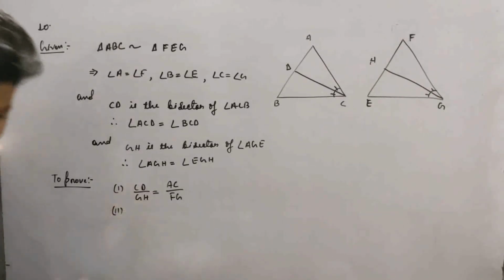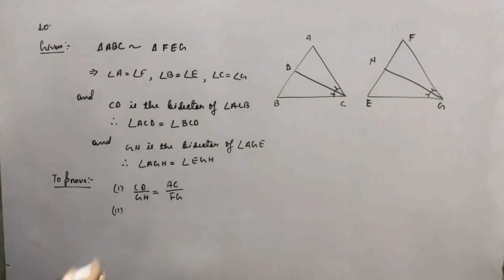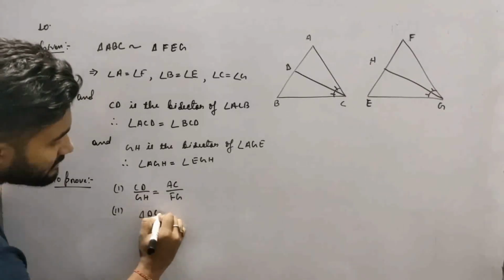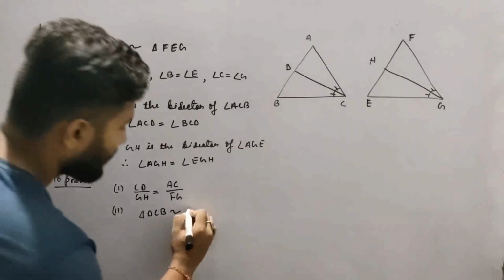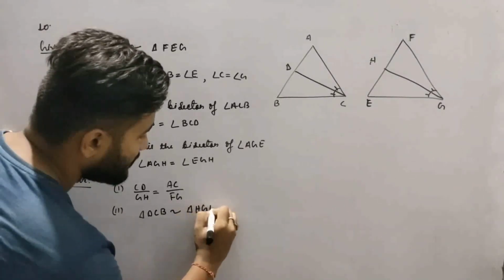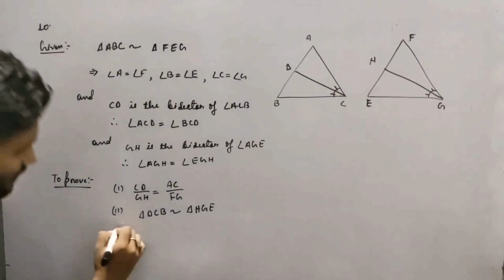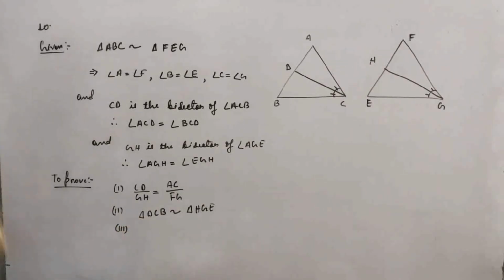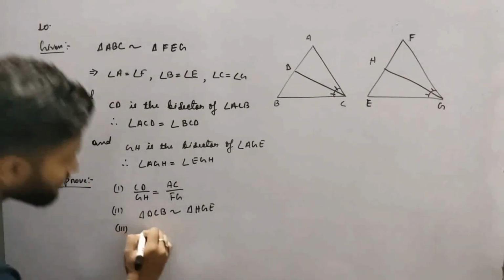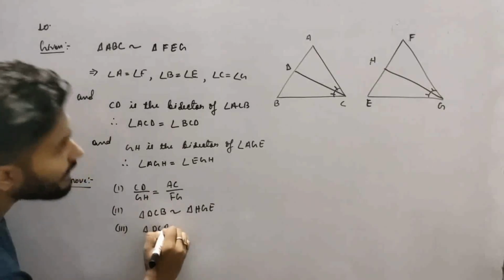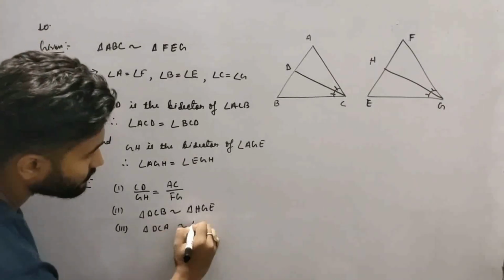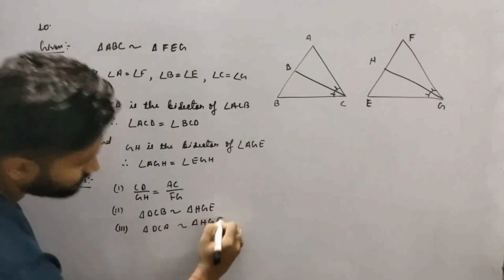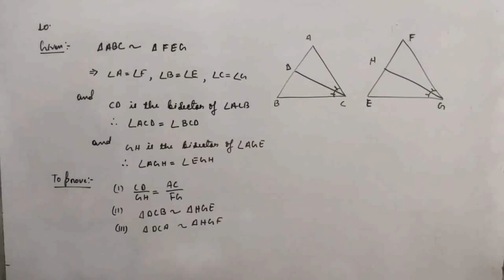Number two is triangle DCB is similar to triangle HGE. And number three, triangle DCA is similar to triangle HGF. So these are the three things that you have to show similar.